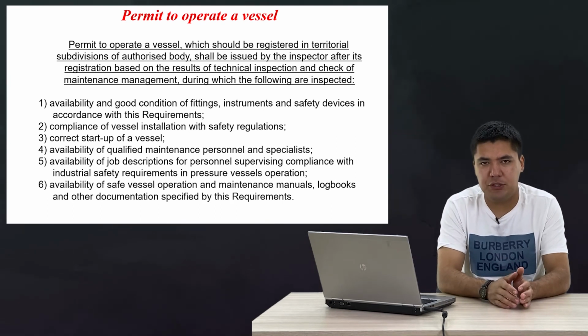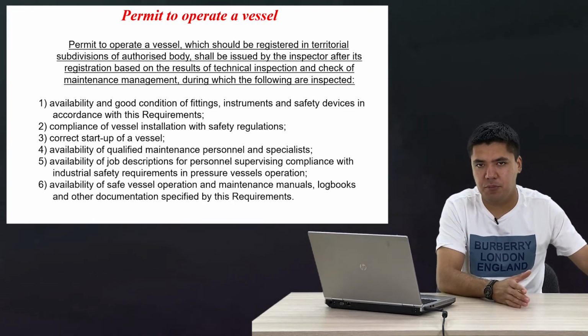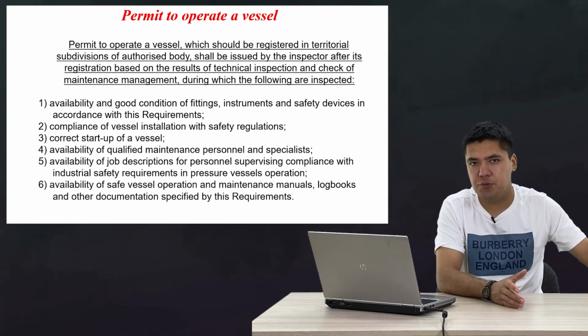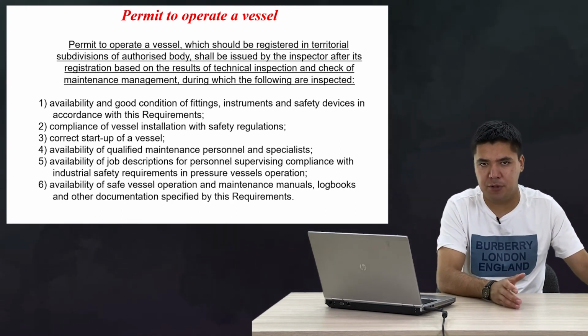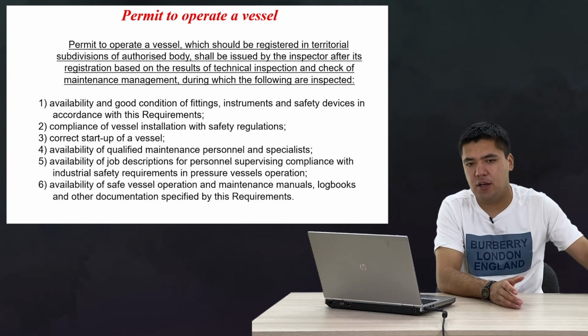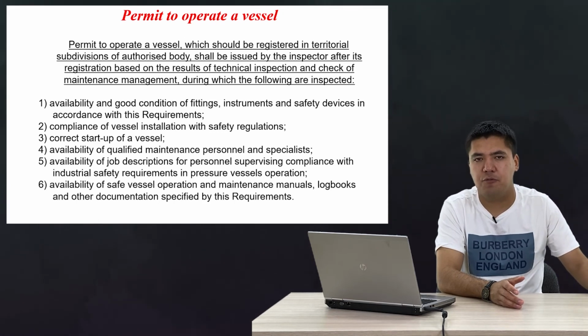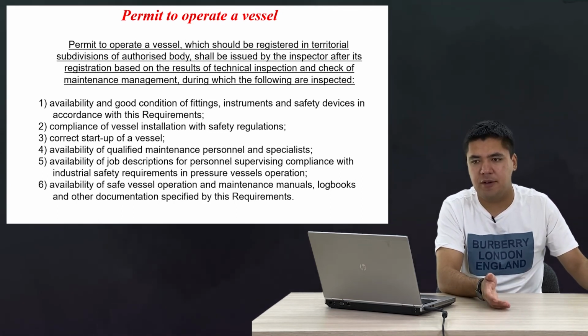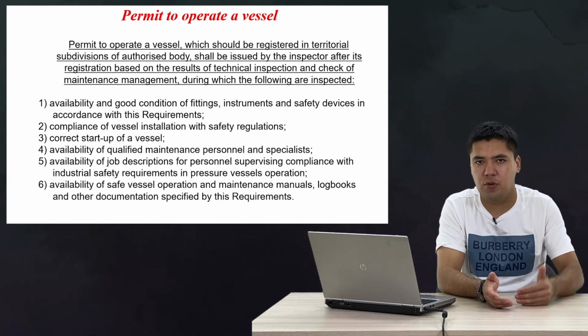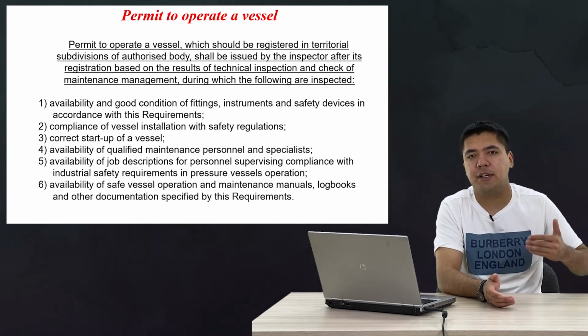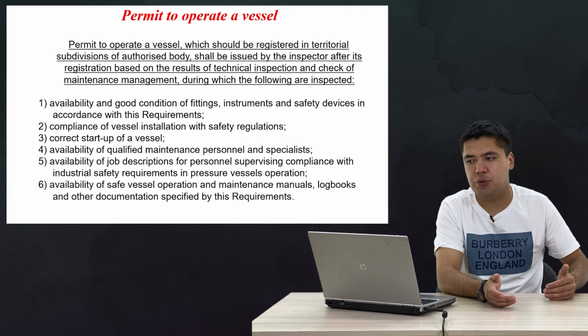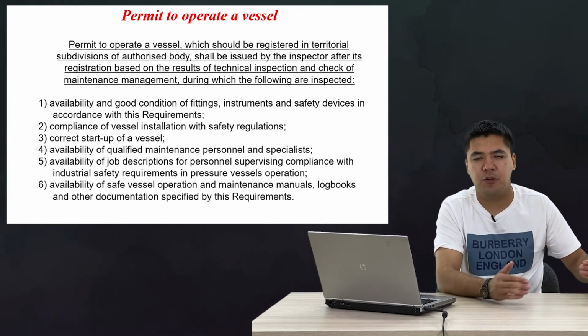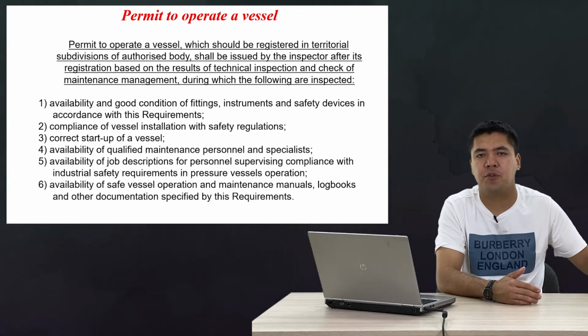First of all, you need to register that pressure vessel. Before registration, you need to provide technical inspections. And after getting positive results of technical inspections, and after registering with the local authorities, then you can take a permission to operate a vessel from local authorities in the field of industrial safety.